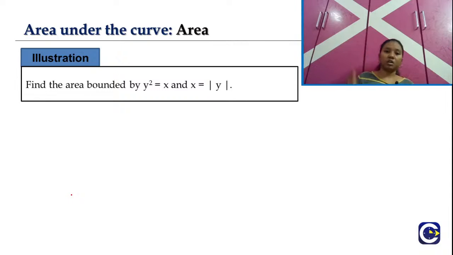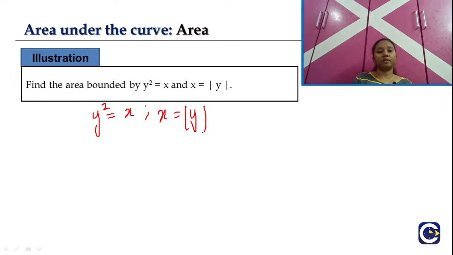Same model here, but the equation of the parabola is y square equal to x, and the line here is mod x equal to mod y.